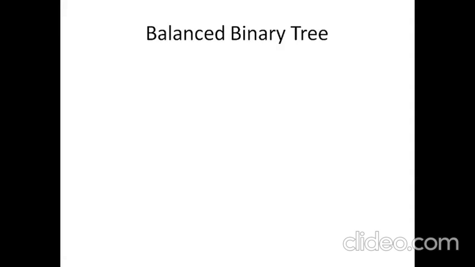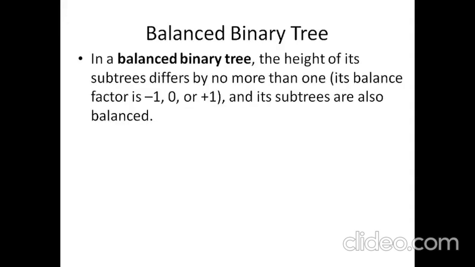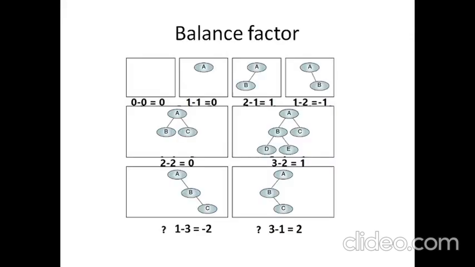Now coming to the balanced binary tree. In a balanced binary tree, the height of its subtrees differs by no more than 1, which means that the difference between the balance factors of the left and right subtree is either equal to 0, minus 1, or 1. For example, in the previous case, this is considered a balanced tree.